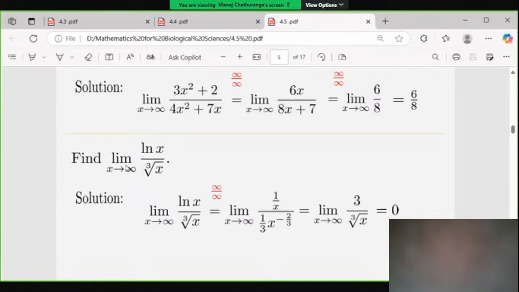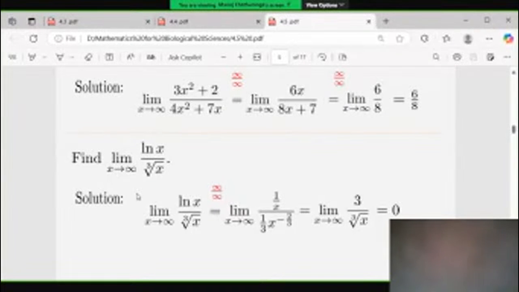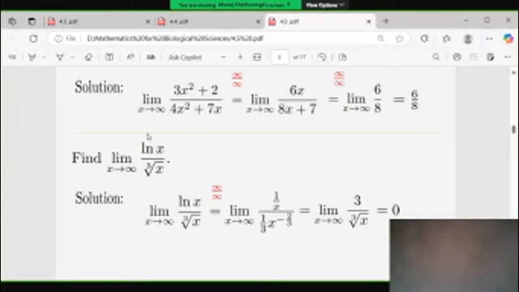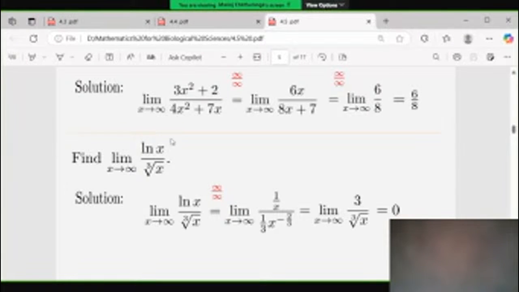Again, we can find the limit of this function using L'Hopital's rule. Or, using the tower of powers, this is a very simple limit, because natural log is at the lowest level of the tower of power, so it has the smallest growth rate.